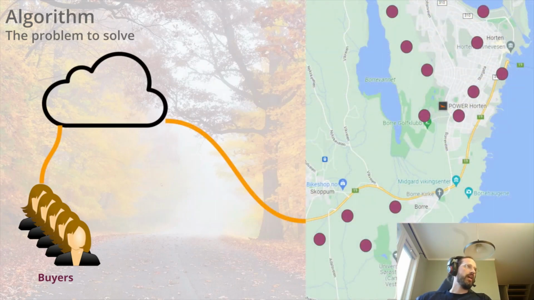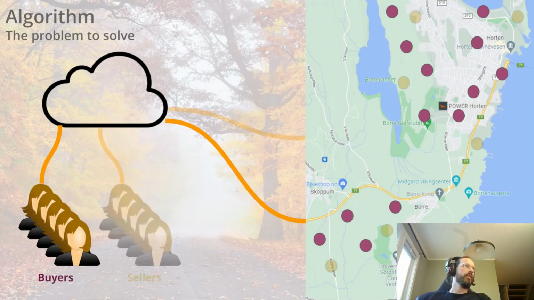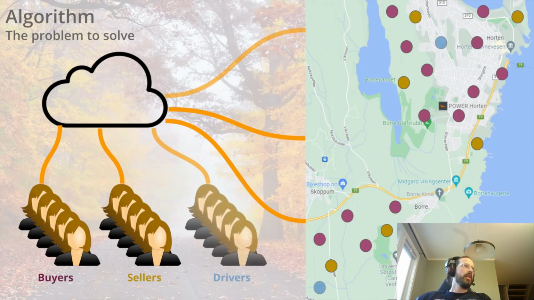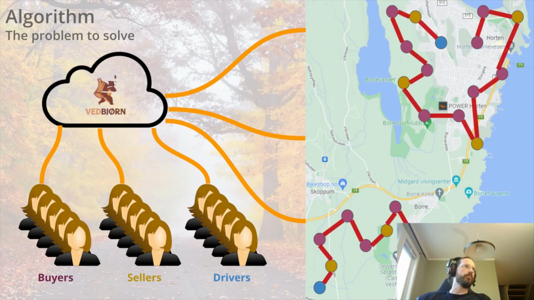In this case, we have many users that are geographically spread, having a role as a buyer. And then we have another group of users which has the role of a seller. They are also geographically spread. And then there is the third group of users, which is the driver users. They are also spread. So the whole thing is basically to figure out an optimal route for a driver.